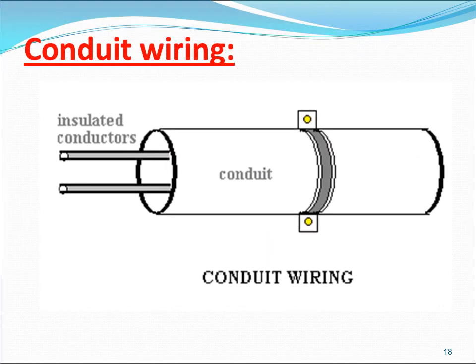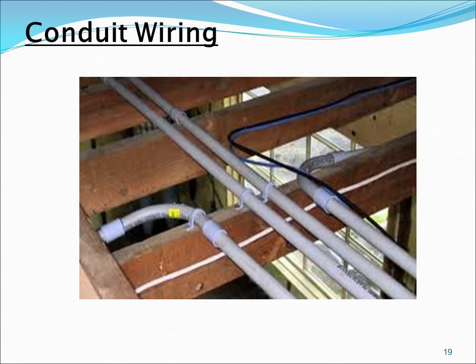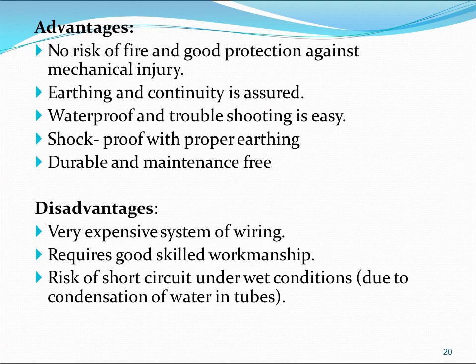Within the polymer or plastic pipe, cables are placed, so it is very safe, and it looks good, and it can be placed inside the wall or just on the top. So this is conduit wiring.